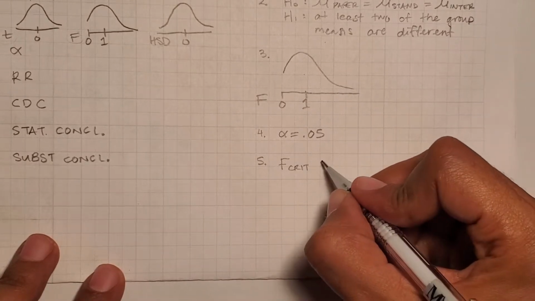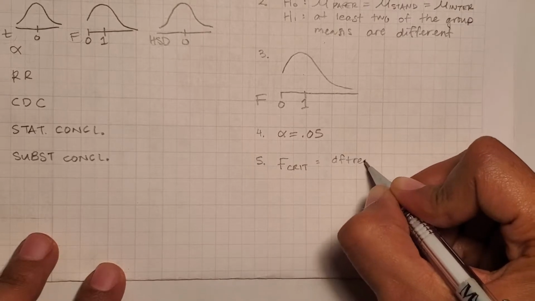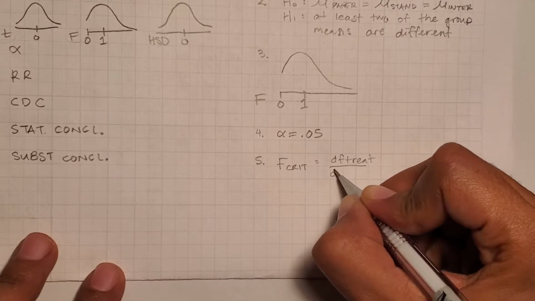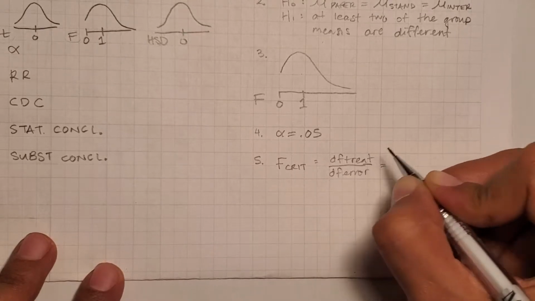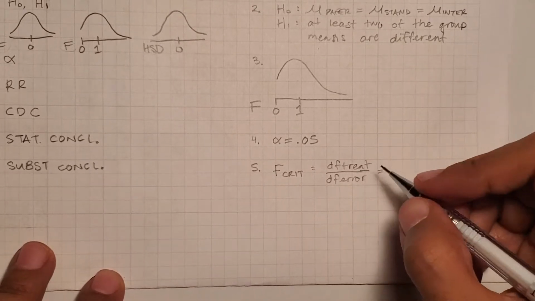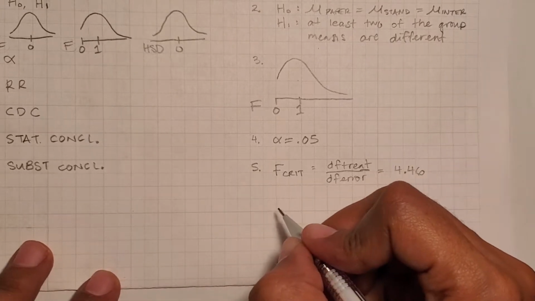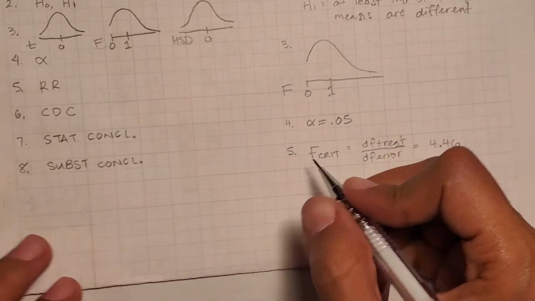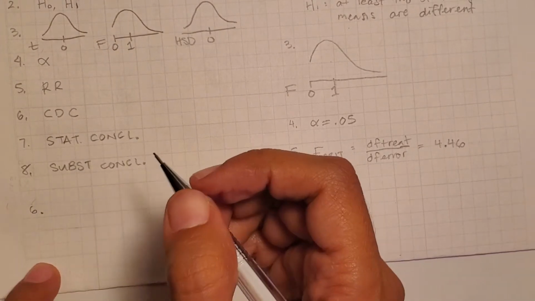To get F critical, we have to use the DF treatment over DF error. Look that up in the chart in your book, and you'll see that the value is 4.46.